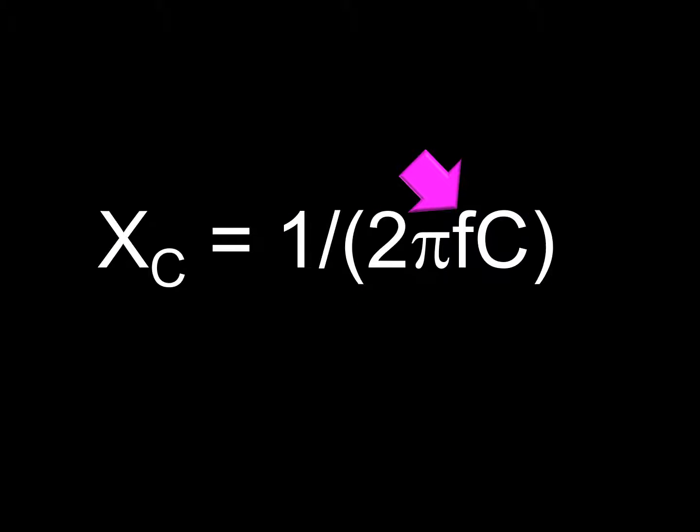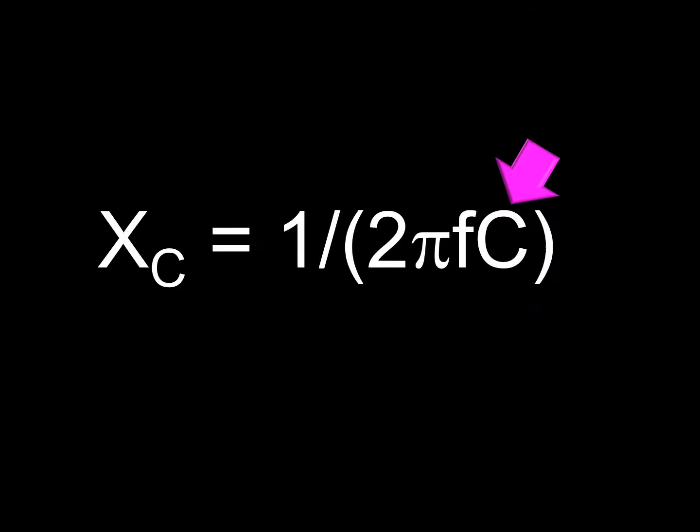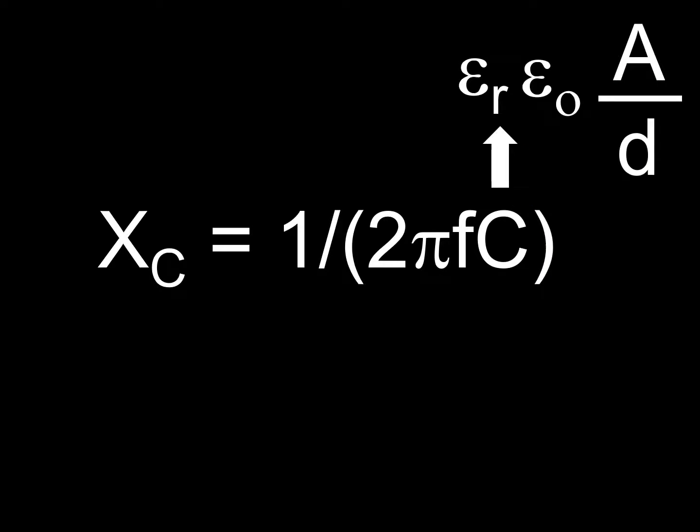So, going back to the formula, after the 2 pi, we have the letter F. The letter F stands for frequency of the sine wave and is given in hertz. Finally, we have the letter C. The letter C stands for capacitance.